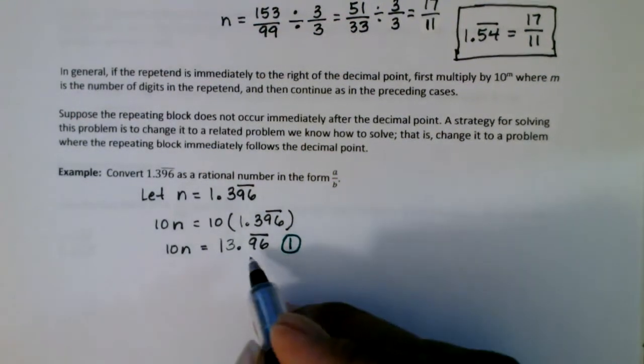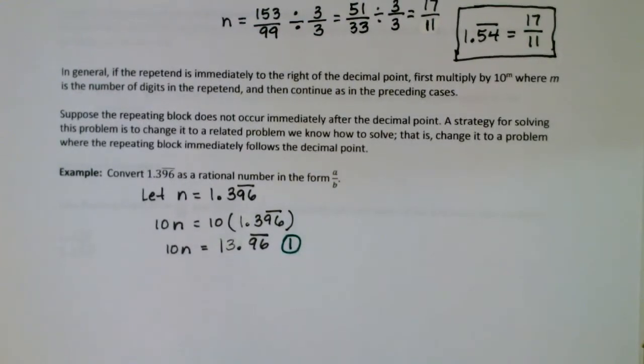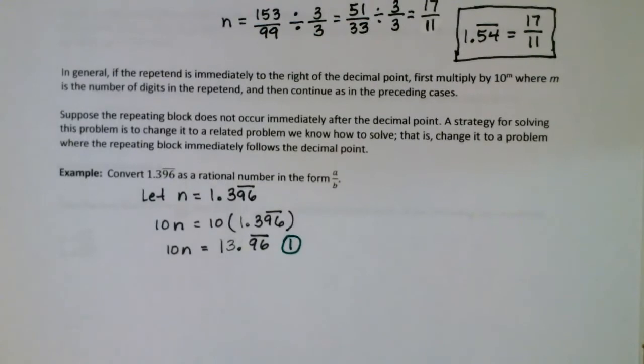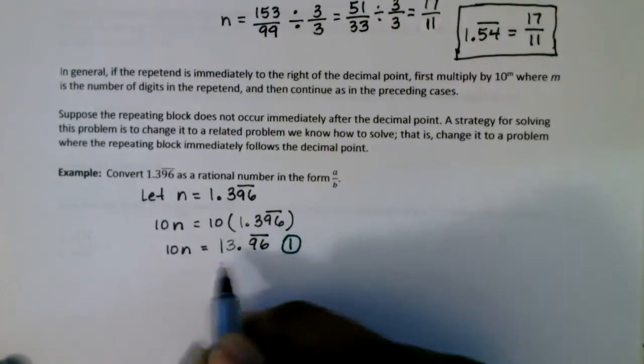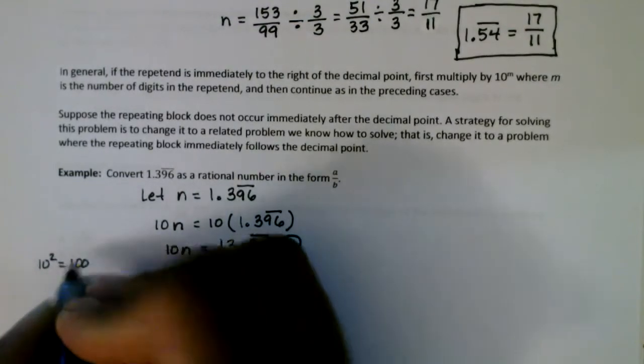Now, under the bar, under the 9 and the 6, only 2 digits repeat. So that means I'm going to be multiplying both sides of this equation by 100, because 10 squared is 100.